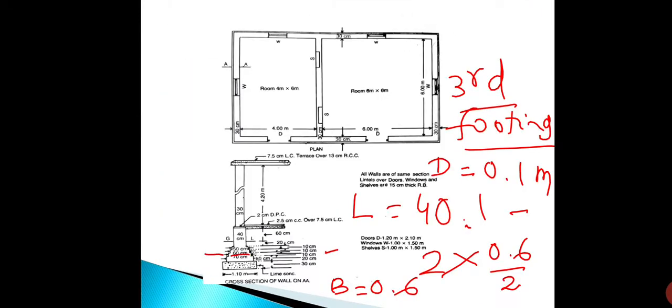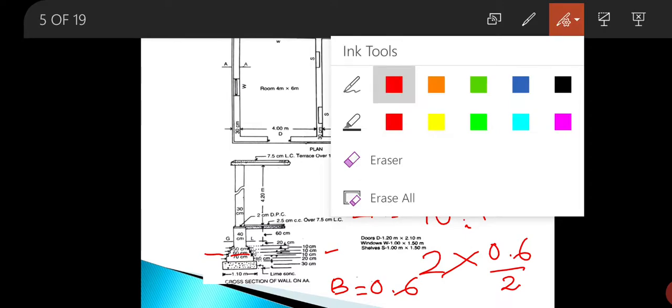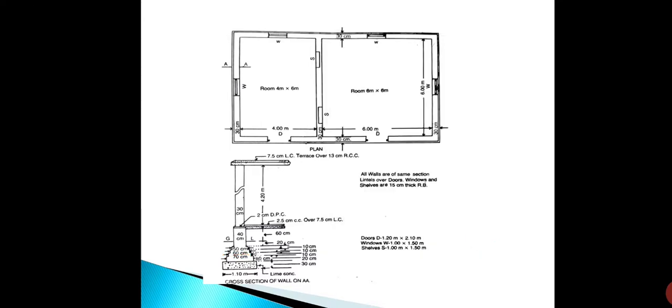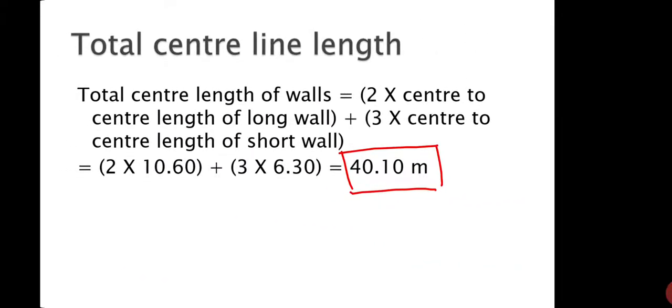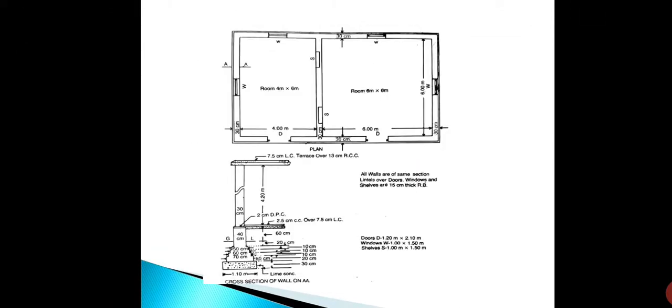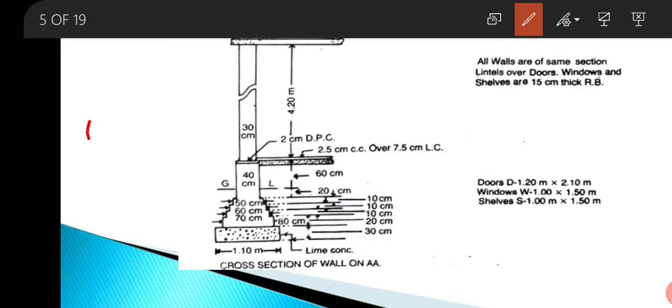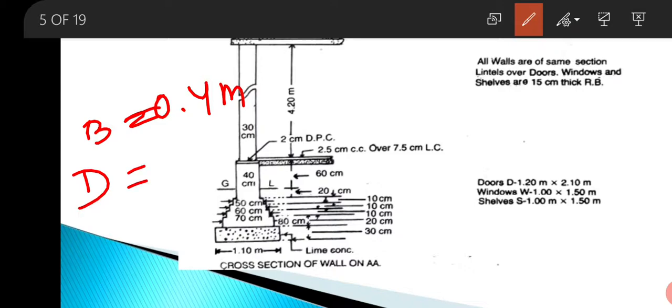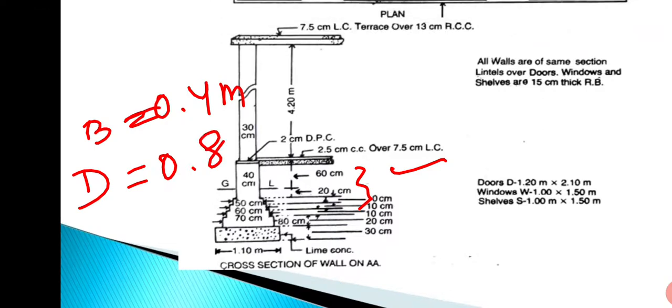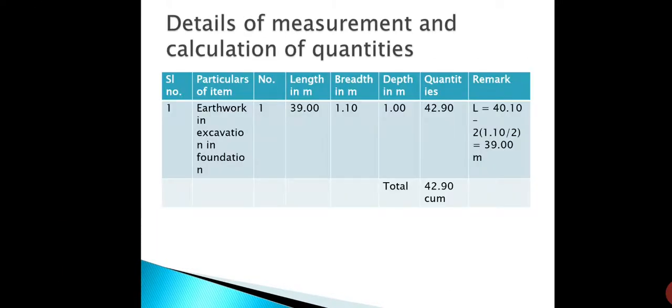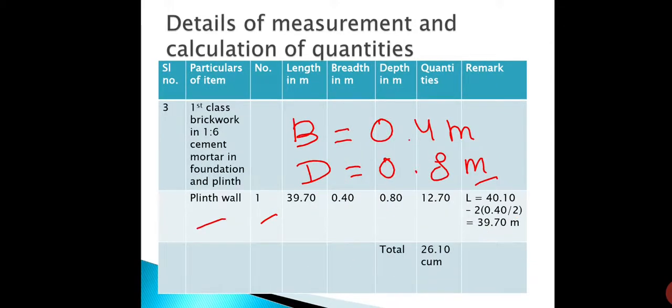In the plan you can see here your plinth wall is of width 0.4 meter, and depth, see here, this is 60 plus 20, that means 0.8 meter.